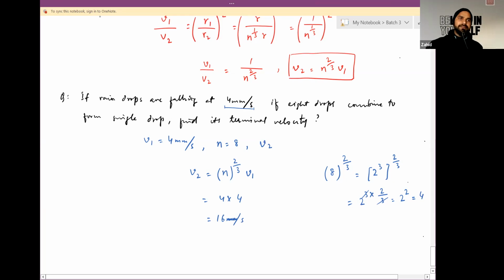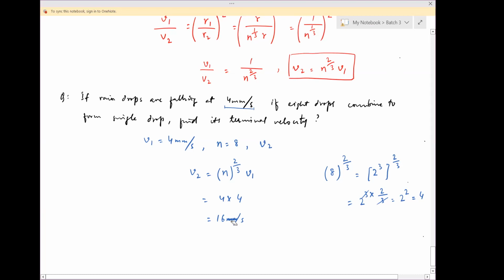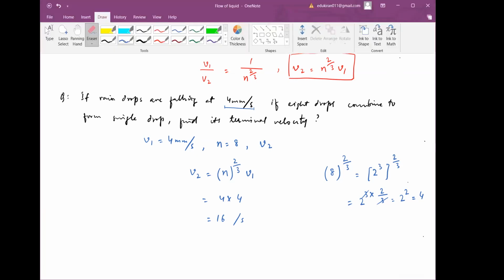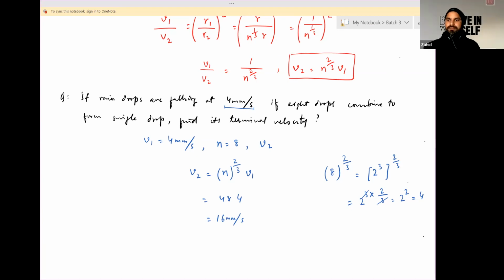Atif, is it clear? Good, Riba. Yusuf, any doubt?